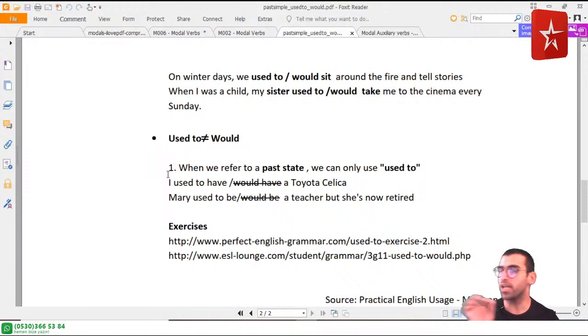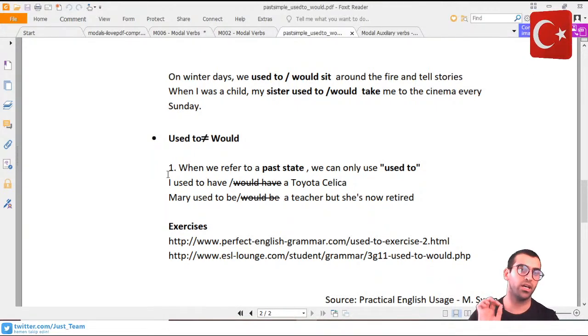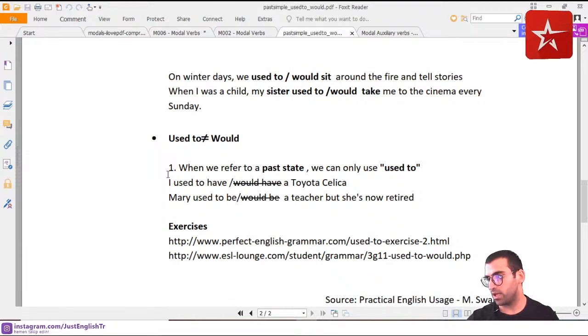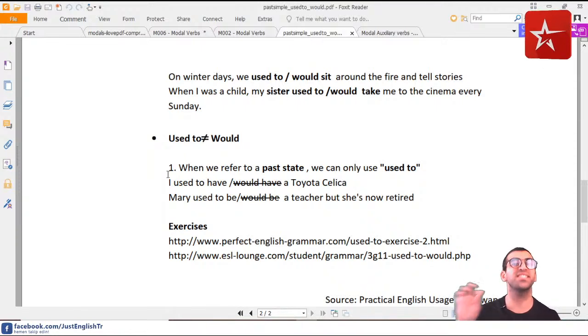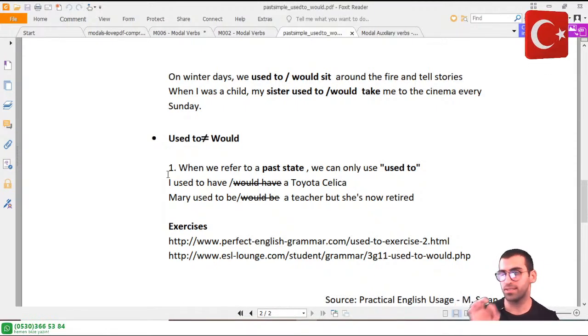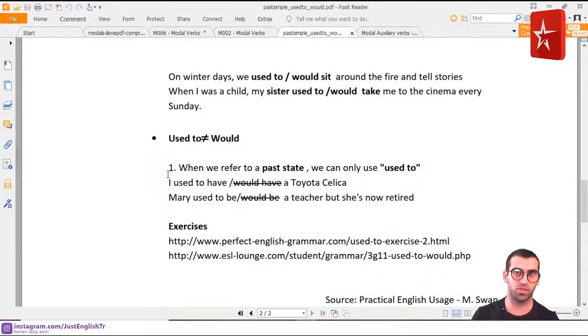But in one case, we have to differentiate used to from would. How can we do that? When we refer to a past state, we use used to. We can only use used to in this case.